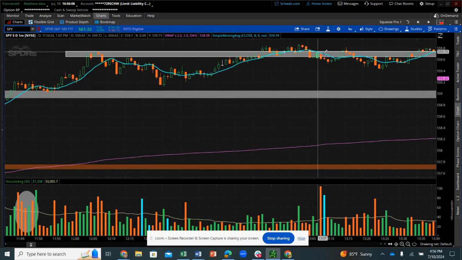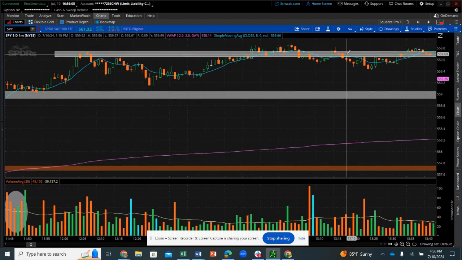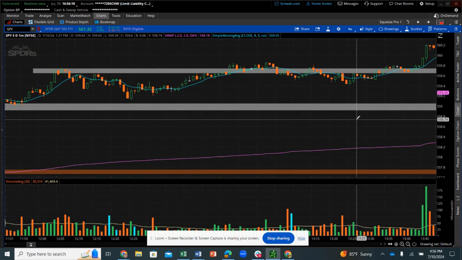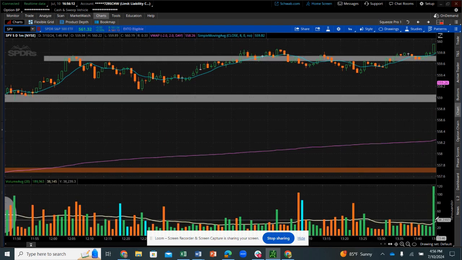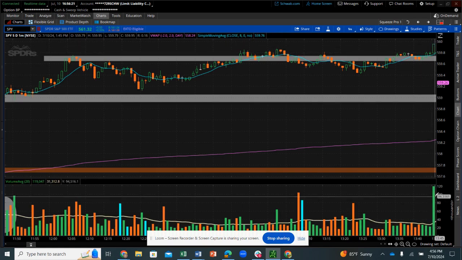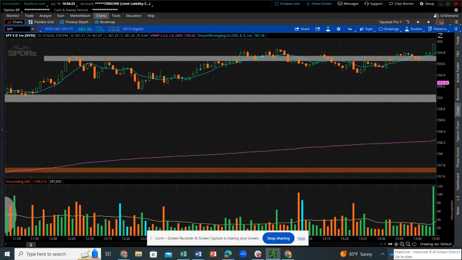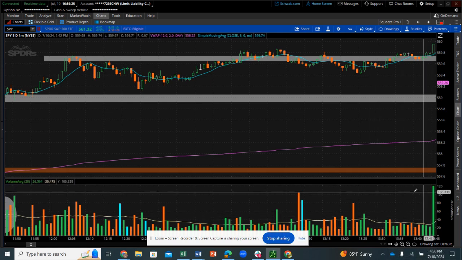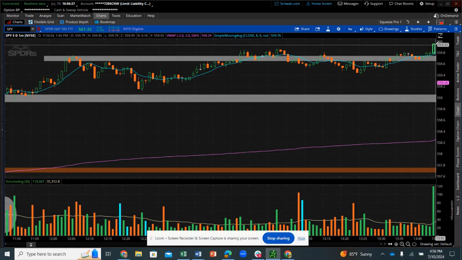So then as we start to bring back into pullbacks, you'll notice extreme volume comes in right here again, right into this large candle. And at that point, going back to validating on volume, validating price action, would we consider this validating price action? Absolutely.